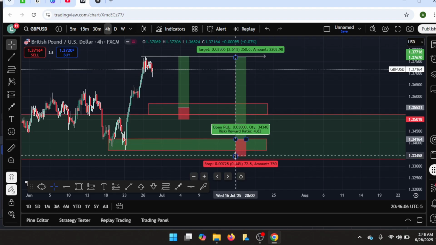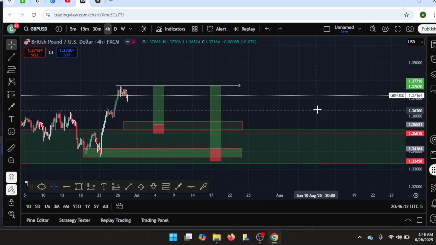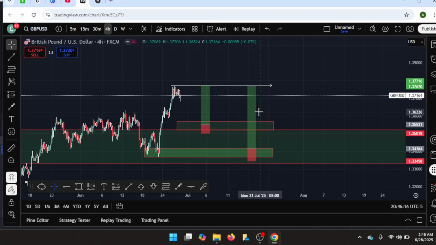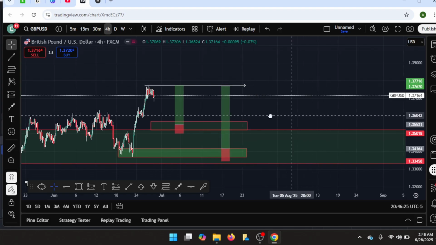I want to risk 70 pips. We're making almost about 1:6, if I'm not mistaken, on this trade.